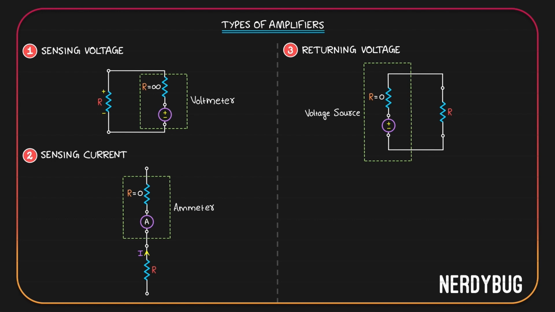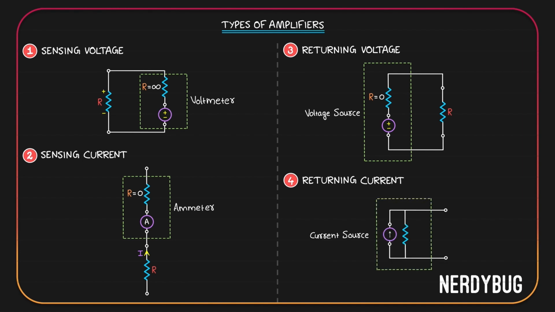Let's take the fourth and final case, returning current. For that, let us take a current source. I'll apply it across a resistance R. What we have over here is the internal resistance of the current source. Ideally, what should its value be? The current source provides some current.